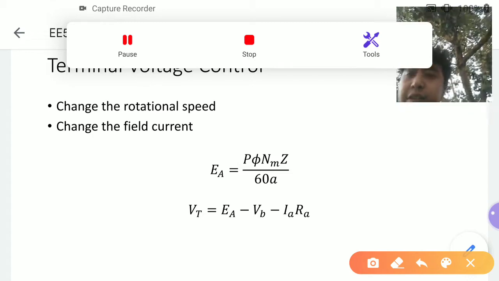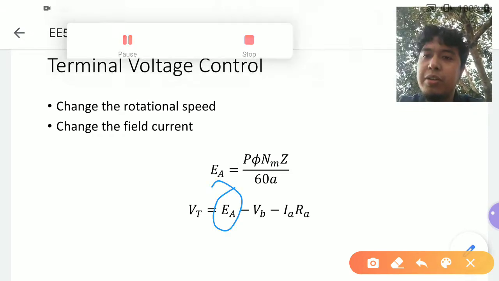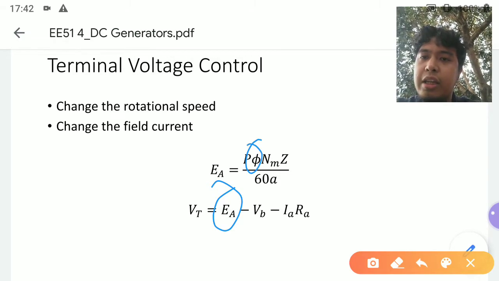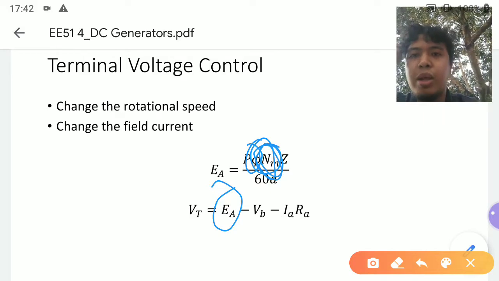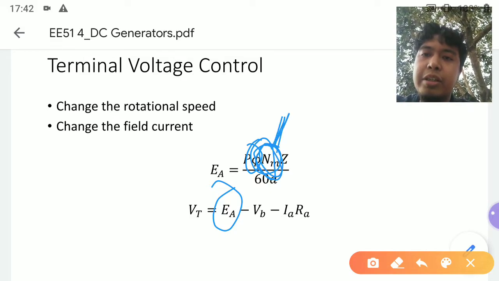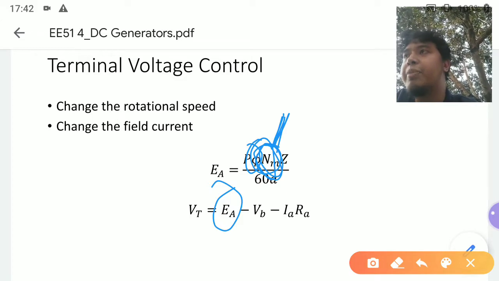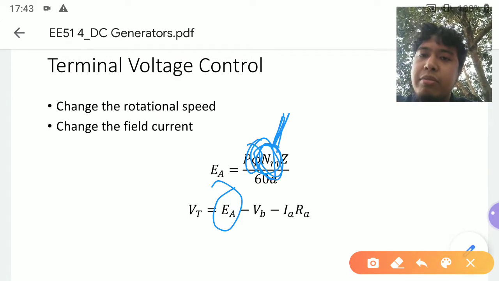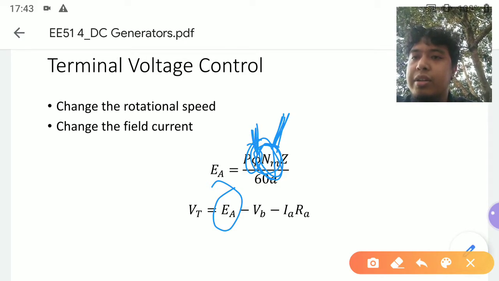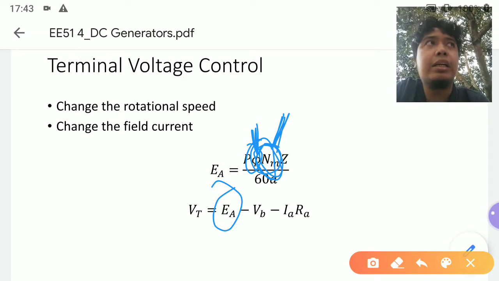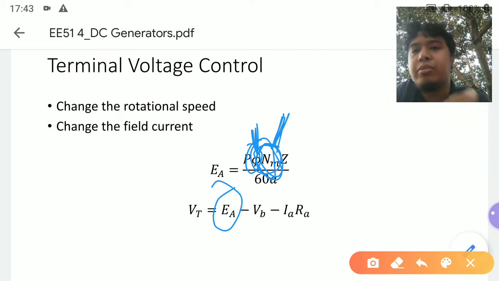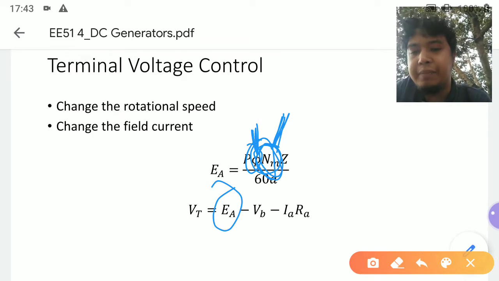This EA can be controlled using the flux and the RPM. If you want to run the generator at a certain RPM, its rated RPM, then you can change EA using the magnetic field. I guess that's also one of the reasons why you want an electromagnetic generator, for you to control the magnetic field.